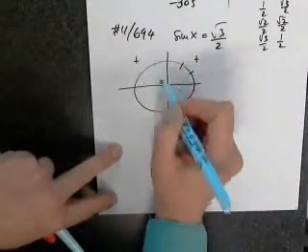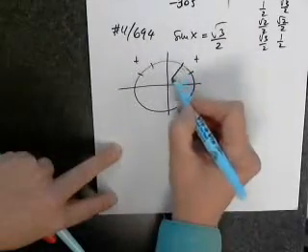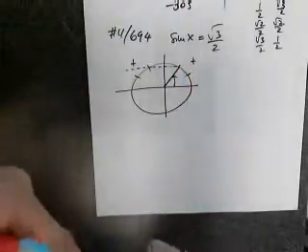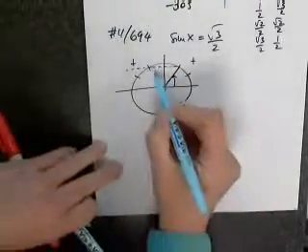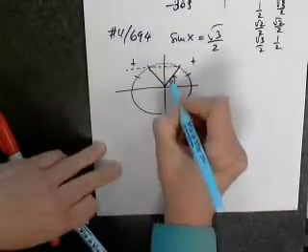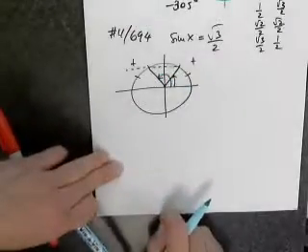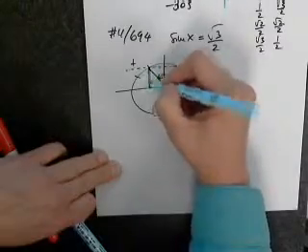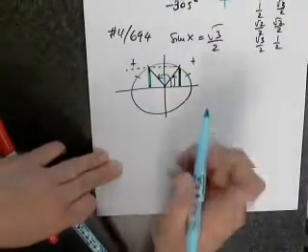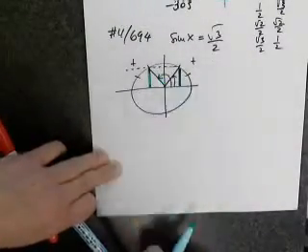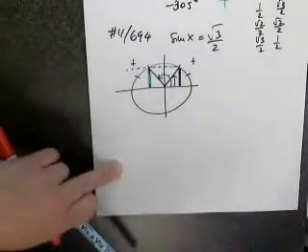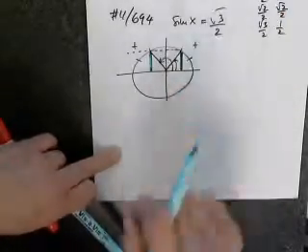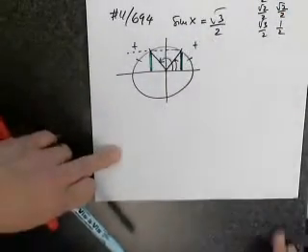So remember, this is 60 degrees, and there is another angle with the terminal side in the second quadrant that has the exact same height here. This is its sine, and this is its sine as well. That's why this angle and this angle will have the same sine, although these are not coterminal angles. But coterminal angles will always have the same trig function values.